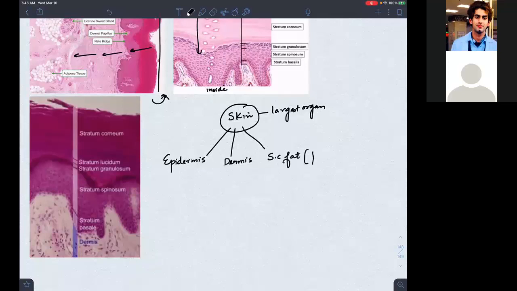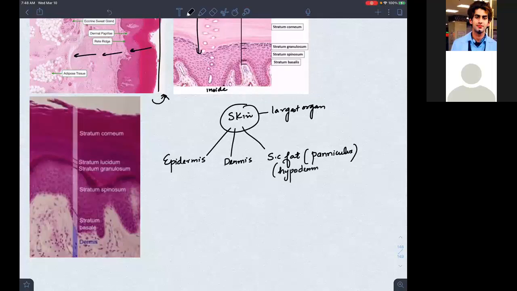That is called panniculus. Okay. You can also write for the subcutaneous fat, hypodermis or subcutis.